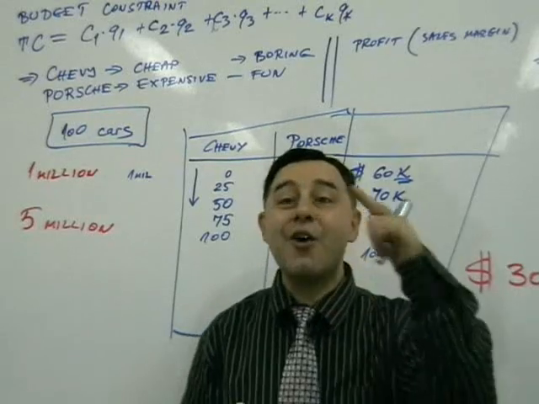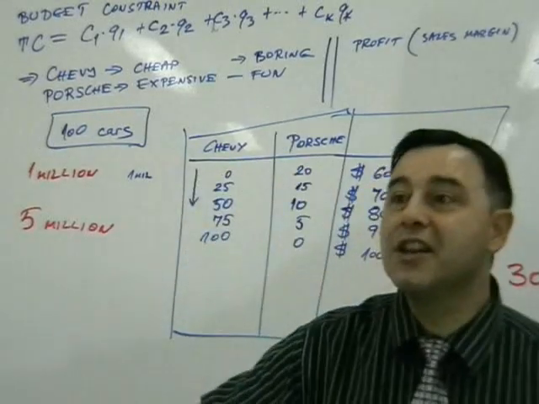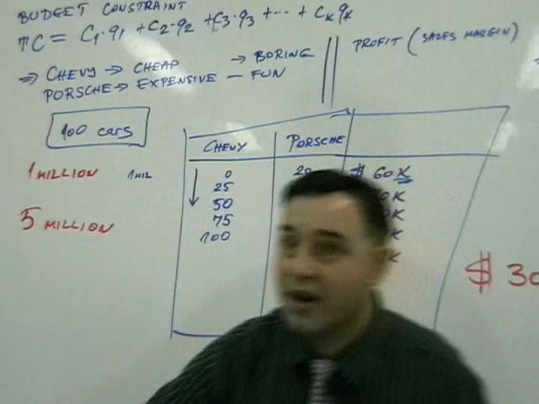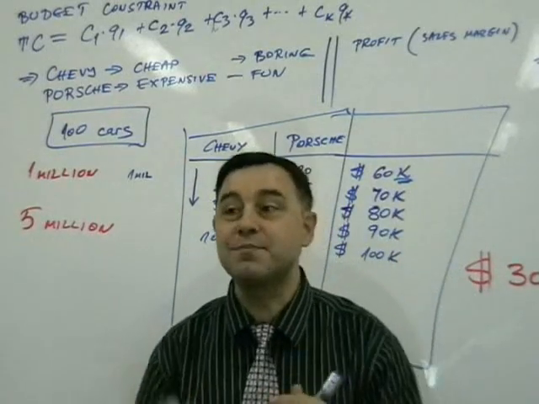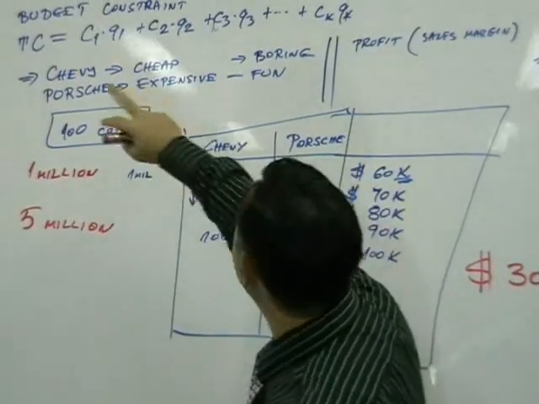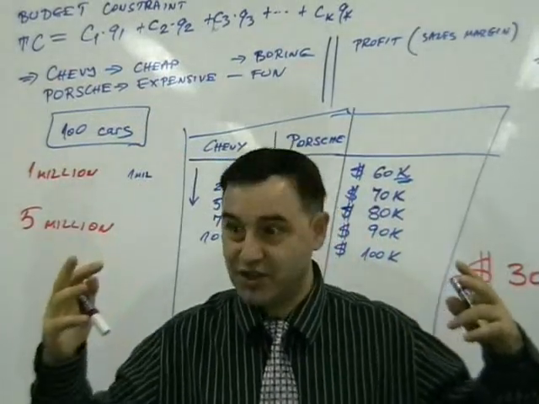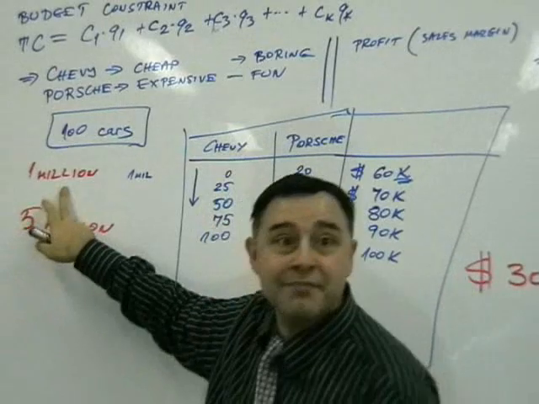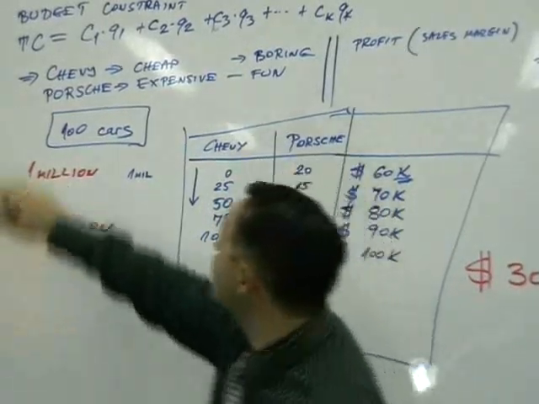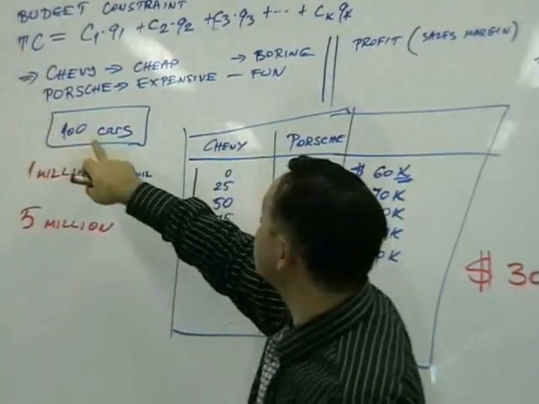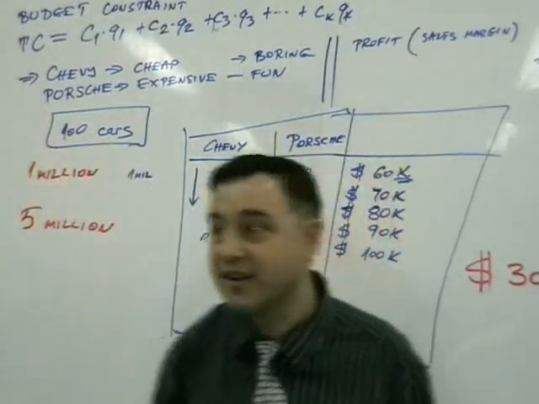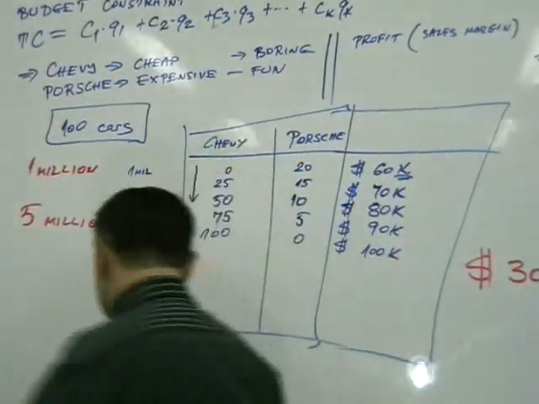Only Chevys will become the most profitable. So, now I explain again, this is a little bit ahead in the textbook, but now what I just explained is, now you have budget constraints. Well, I gave you right now 2 constraints, right? One is 1 million for those, and the other one is Chevys plus Porsches must equal 100. And here is the next concept.